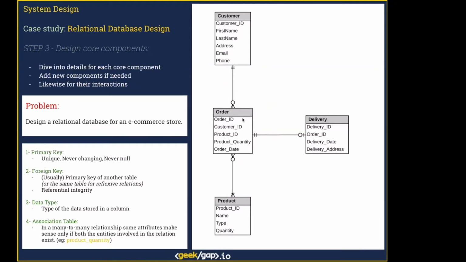For example, for this customer ID, you want to make it clear to the interviewer that this is a primary key. It's important because primary keys are unique. They never change, and they are never null.